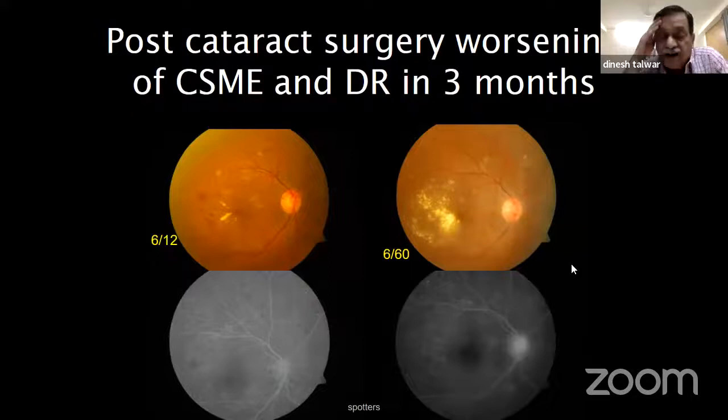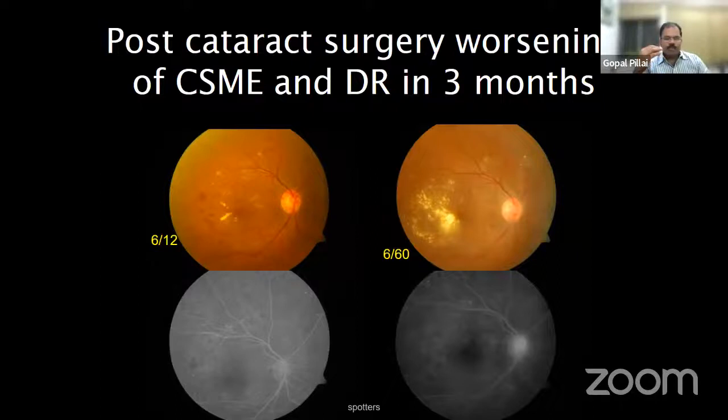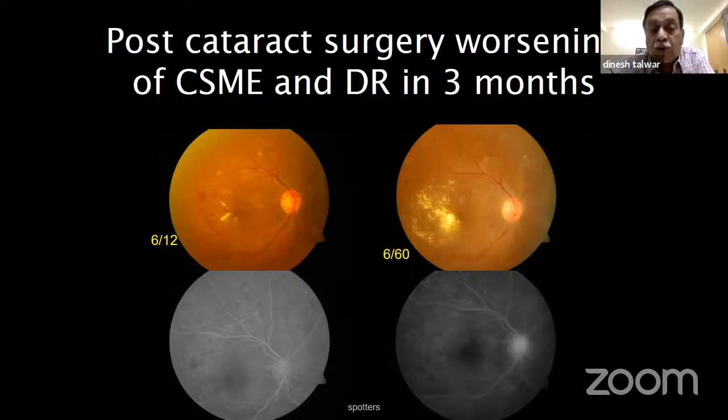Do you think he had cataract at all? Sir, that discussion we'll have later, sir. No. The point I'm trying to make is, it's important when you get so much edema to decide whether this patient has cataract or not, responsible for that vision loss. Correct.